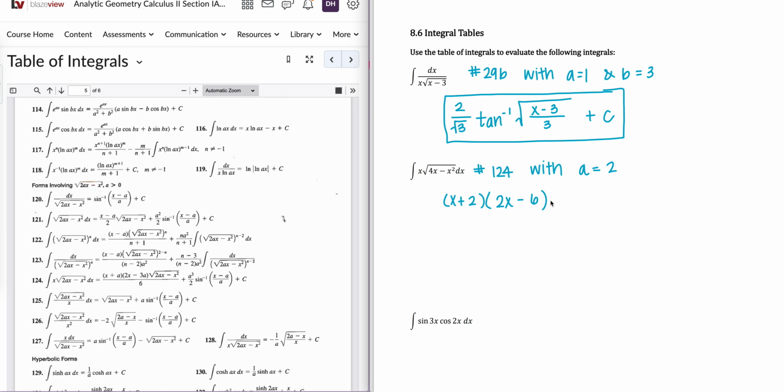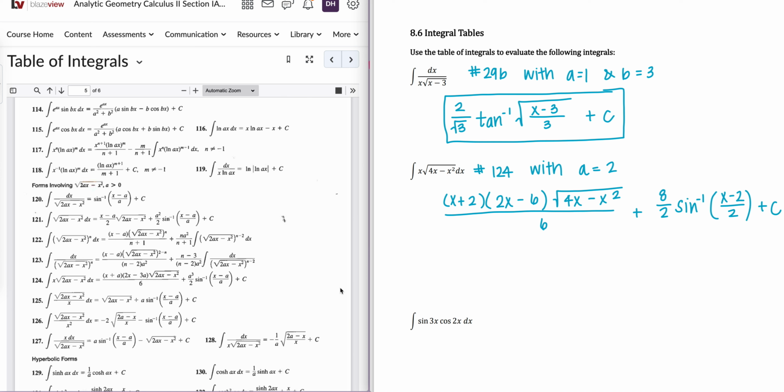And then we've got the square root of 2ax, that's going to be 4x minus x squared, all over 6, plus a cubed is going to be 8, because 2 cubed is 8, over 2, inverse sine of x minus a over a, so that's going to be x minus 2 over 2, and all of that plus c.